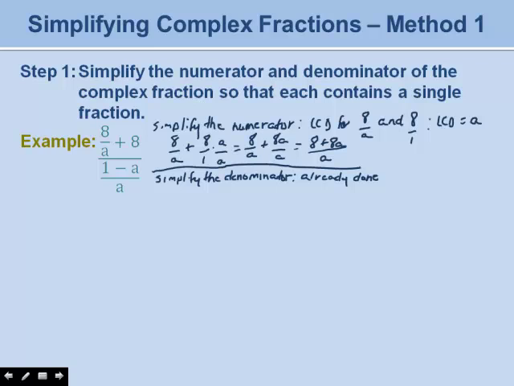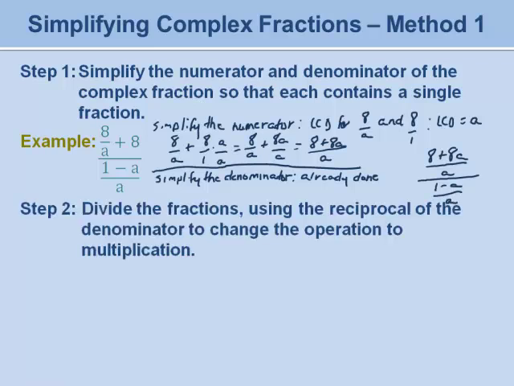And that would mean that our new rational expression would look like this. 8 plus 8a over a, which is what we got for our new numerator, over 1 minus a over a.